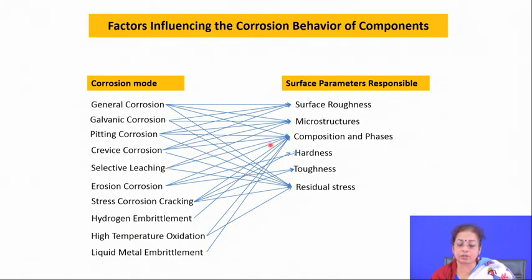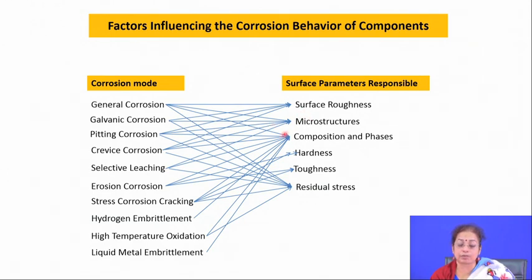In selective leaching, composition and phases are very important, and surface roughness is important to some extent, but not to a large extent. For erosion corrosion, surface roughness, surface composition and phases, and hardness are very important. For stress corrosion cracking, surface roughness has some influence, because it controls the initiation rate.